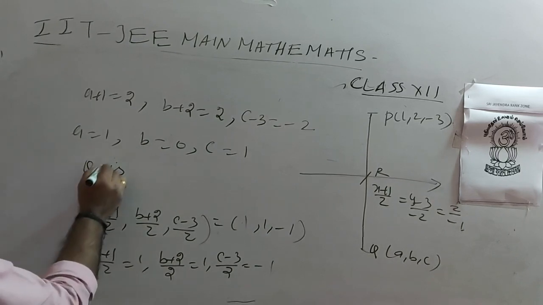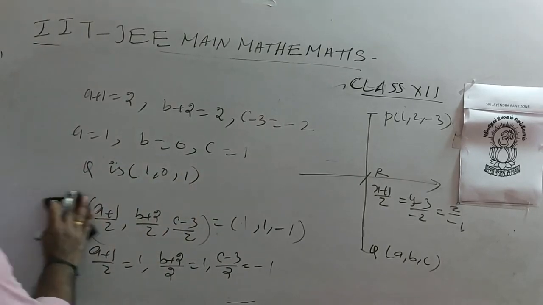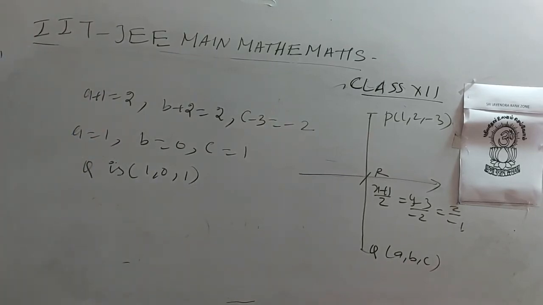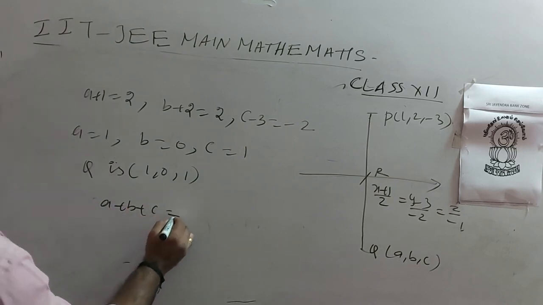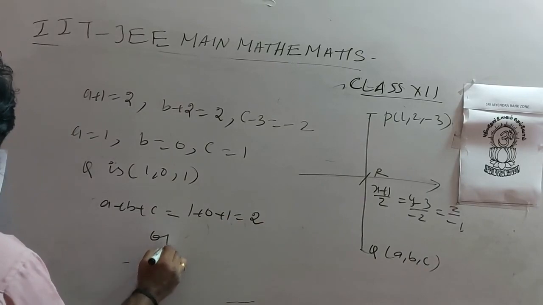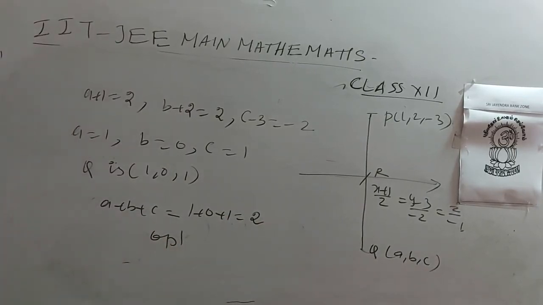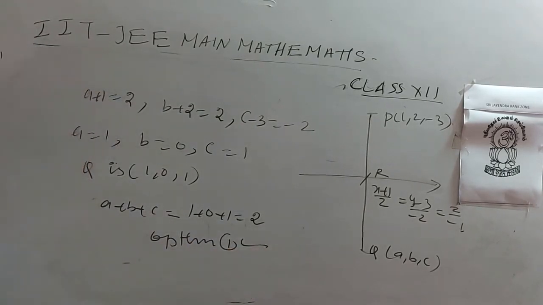So Q is (-1, 0, 1). a + b + c is -1 + 0 + 1... that is 2. Option 1 is correct.